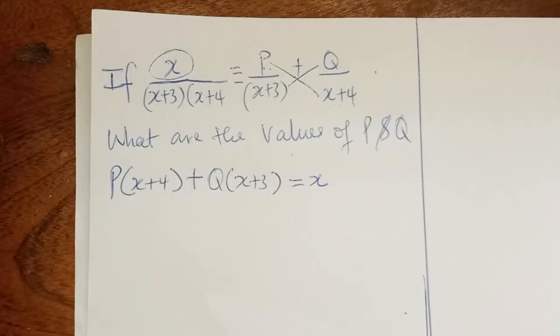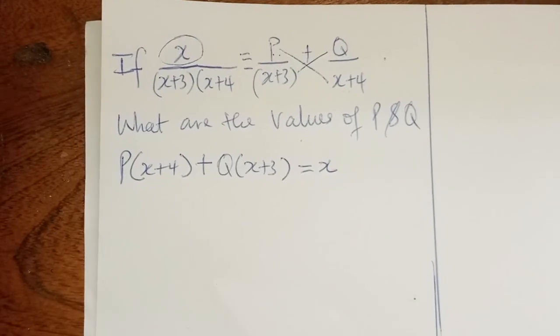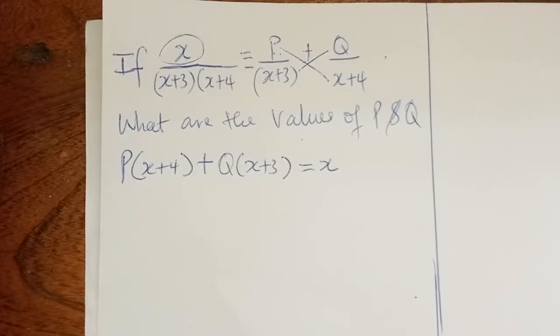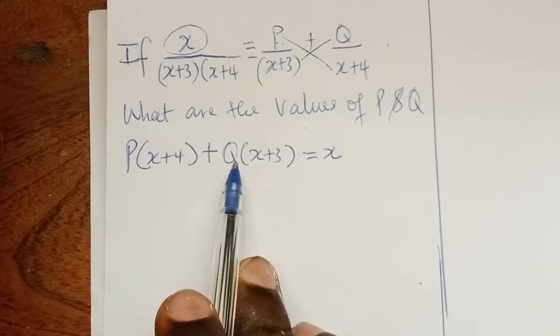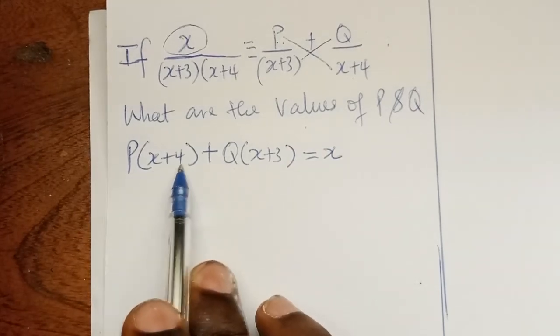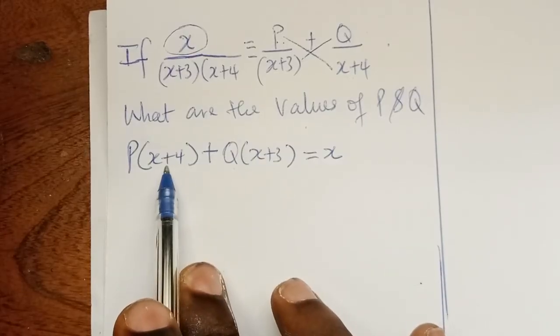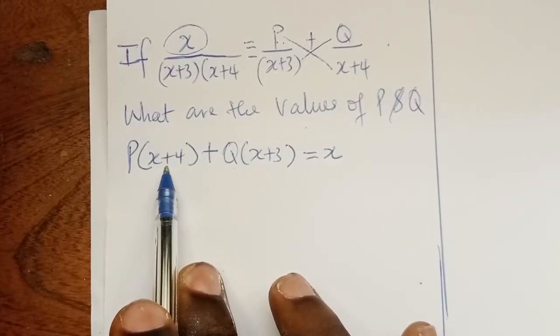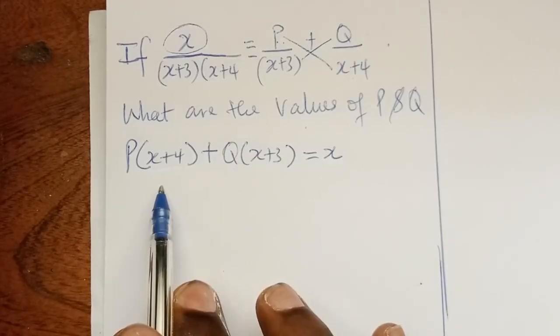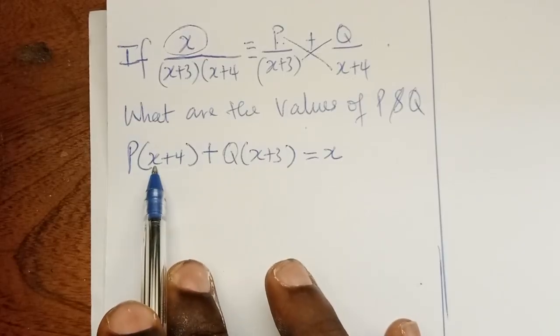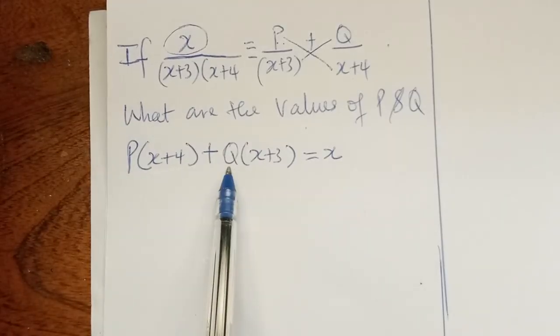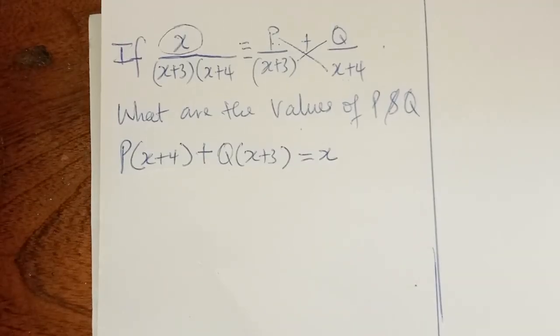Now the expression is very clear, and they want us to look for the value of P and Q. To get the values, we need to look for values of x, that is x plus 4 or x plus 3, that give x a value to eliminate P or to eliminate Q. So we are going to decide what to eliminate in this expression.